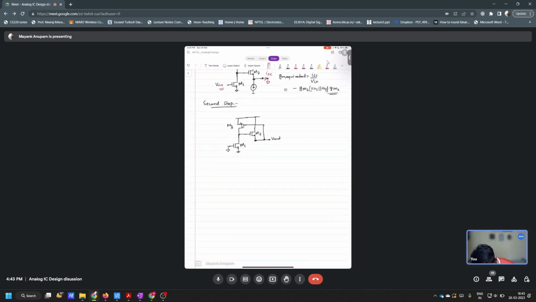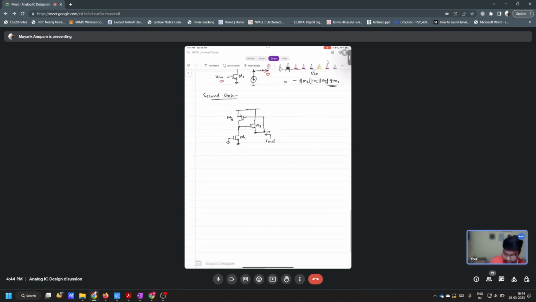Open this, correct? Now we have to find out the output resistance, right? R out. So what will it be? So 1 by GM2. Just 1 by GM2 or anything else? Or will it be complicated?